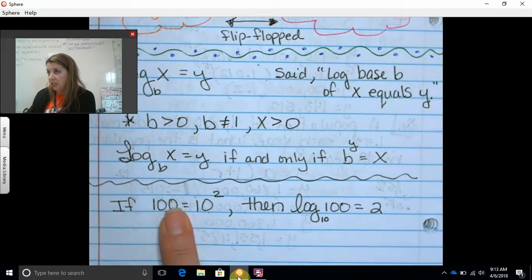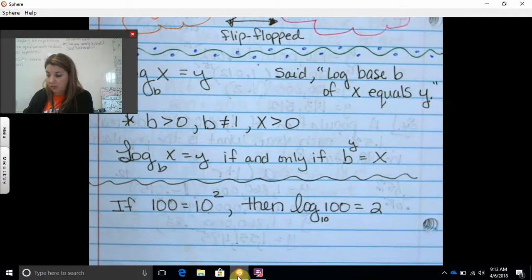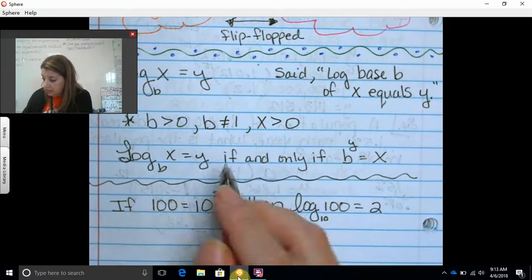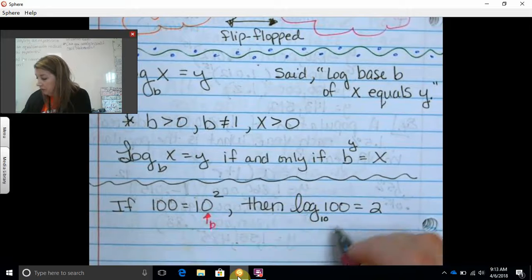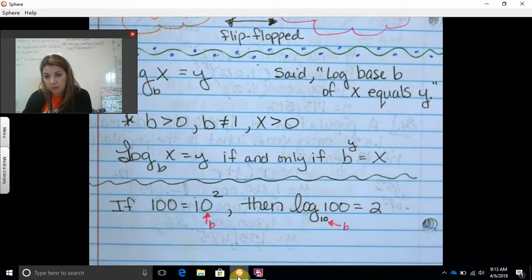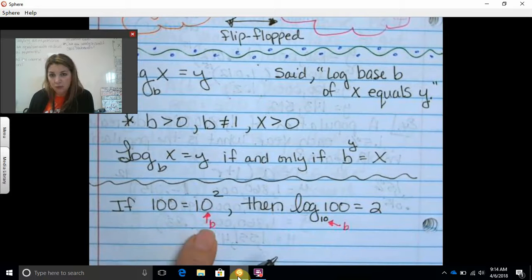So to convert exponential form to logarithmic form, I like to label stuff, okay? So 10 is my base, or my b. The base in a logarithm goes down by the bottom of the G. The base in exponential form is the number that has the exponent.